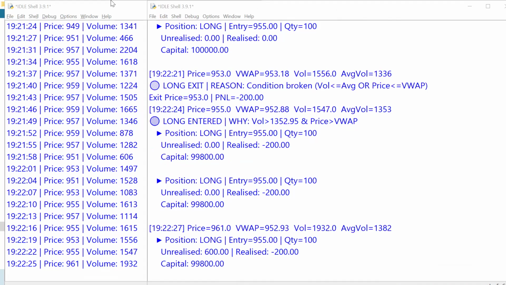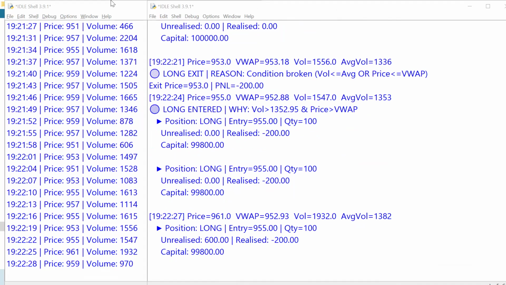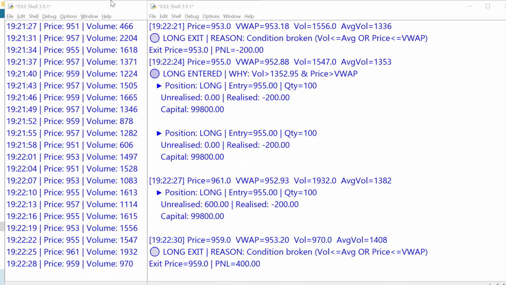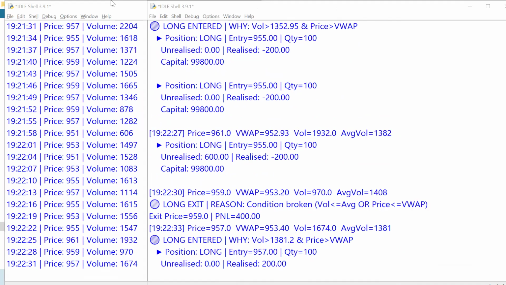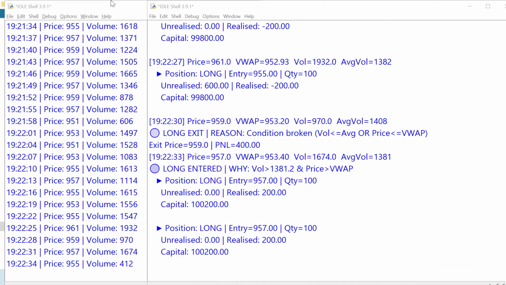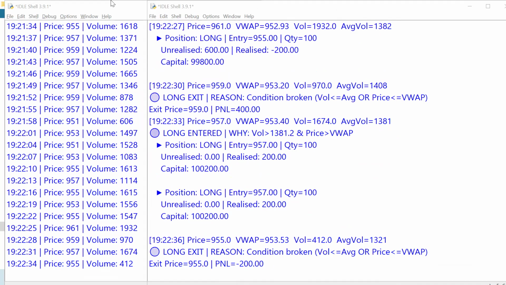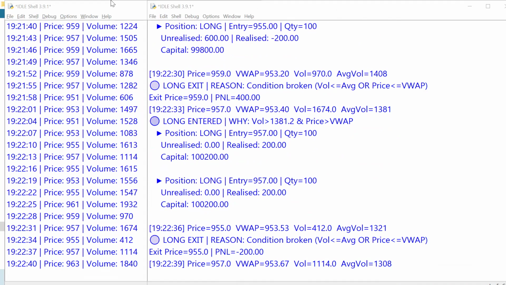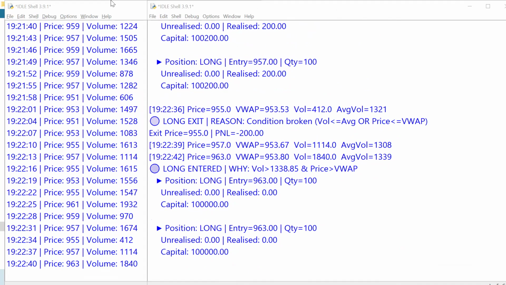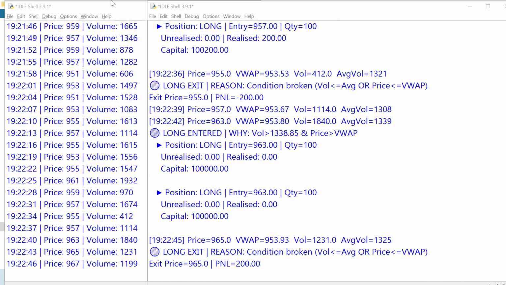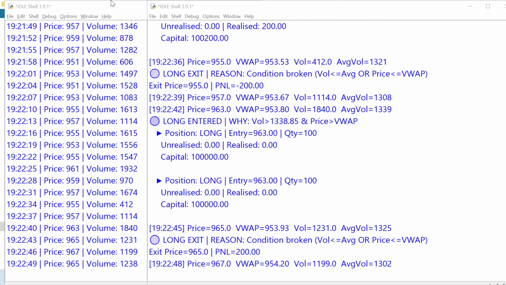See, the best way to work with this algo is to give some flexibility in the volume term. And one more thing, we are working with a 3 second cycle, only a 3 second candle. You can increase it to 1 minute, 3 minute or 5 minute.